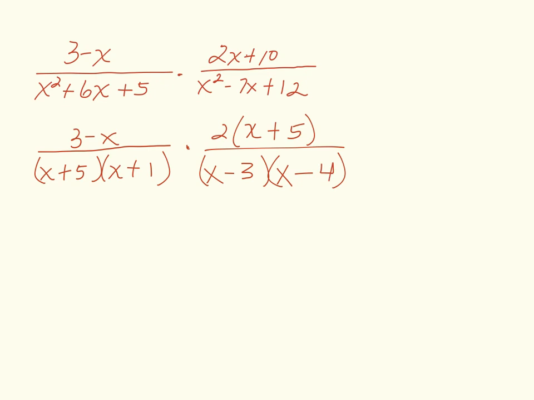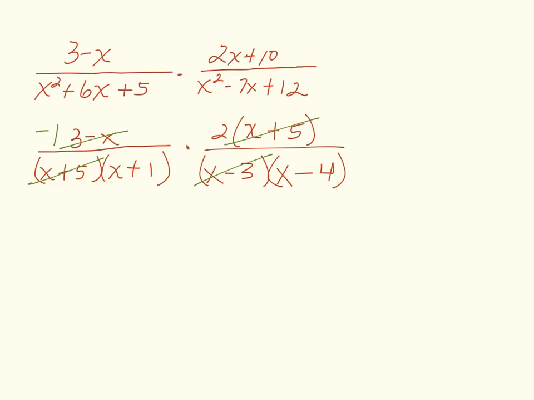So we have an x plus 5 that cancels with an x plus 5. We have a 3 minus x and an x minus 3. Remember, they're exact opposites of each other, so they become a negative 1. And then that's all that we have that can cancel.